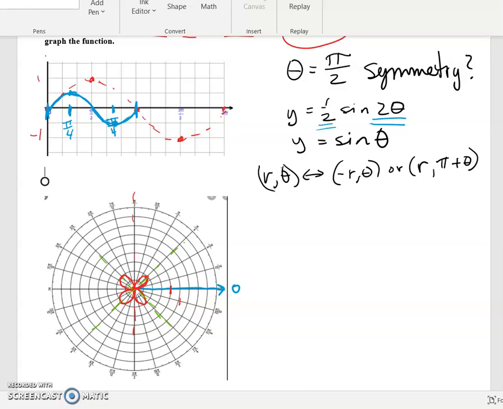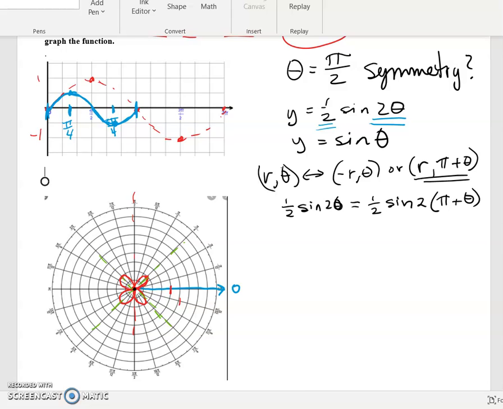So I know the original function is r equals 1/2 sine of 2 theta. If it's equal to 1/2 sine of 2 times pi plus theta, then it's going to be symmetrical about the pole, which is just that center point there.